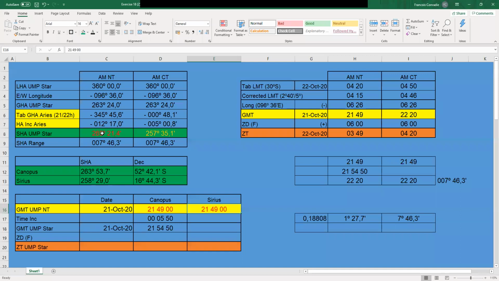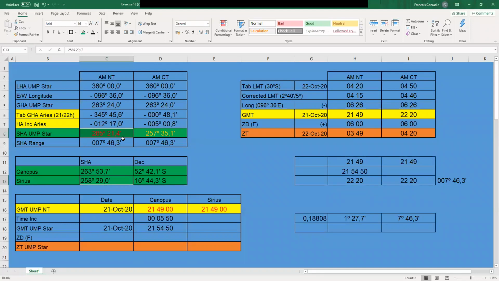So we're saying from our starting SHA of 265.21.4 to the SHA of Sirius in this case. Okay, so from the starting SHA to the SHA of Sirius, what's the difference there?